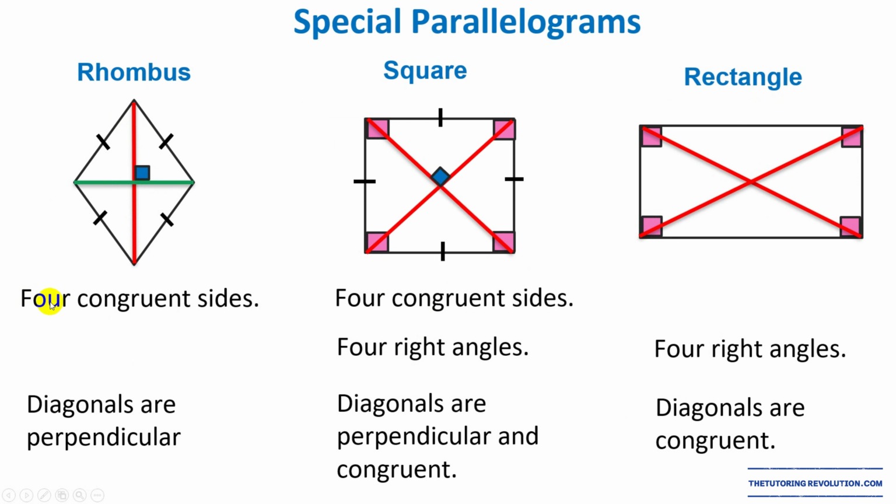The rhombus has 4 congruent sides, the square has 4 congruent sides. The rectangle has 4 right angles, the square has 4 right angles. The rhombus diagonals are perpendicular, the rectangle diagonals are congruent, so the square diagonals are both perpendicular and congruent. So the square basically is a mixture of the properties of the rhombus and the rectangle.